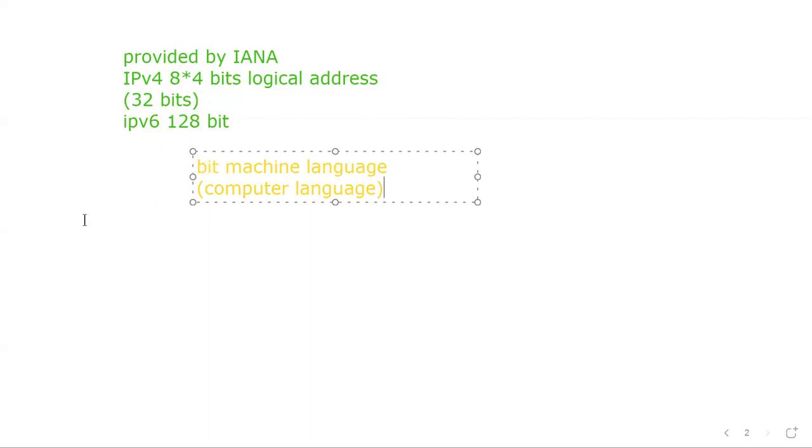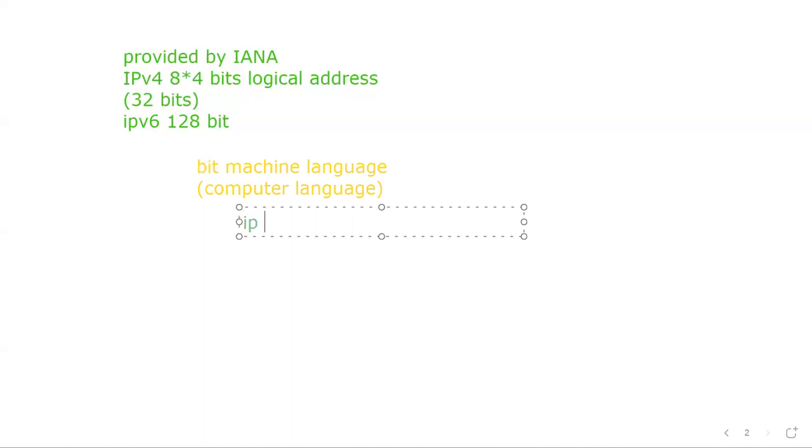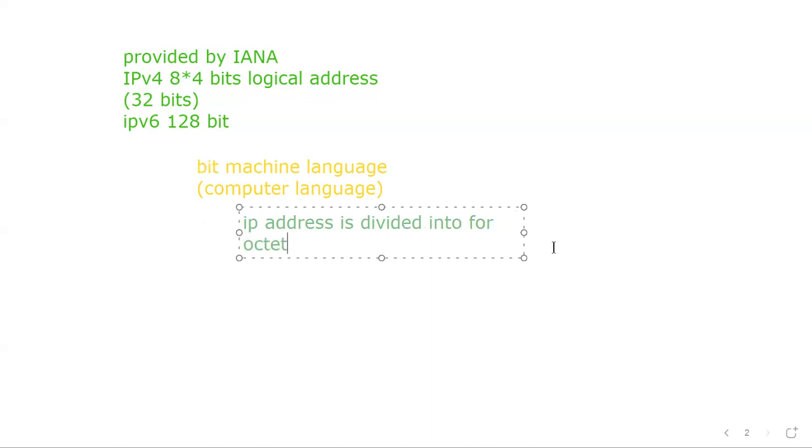So our IP address is divided into 4 octets. Let me give you the example.